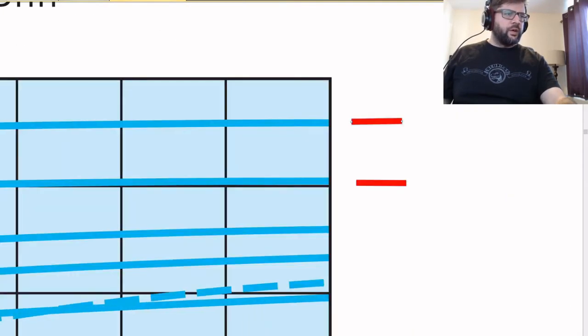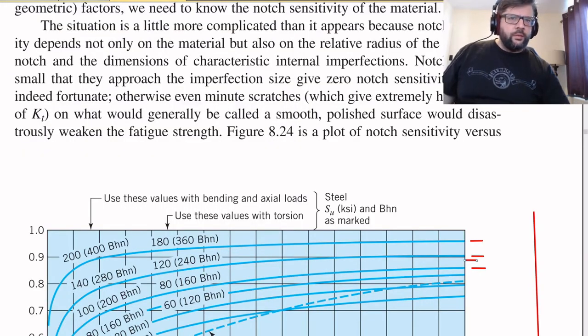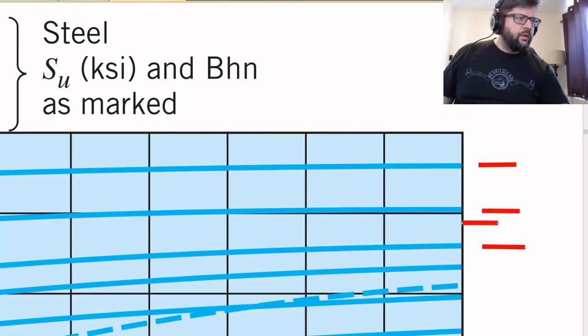So yeah. All right, this line here is the 100. So we're looking at probably a third of the way down. So right about there, which, let's see here, this is 0.8 here, this is 0.9 here. Let's say 0.88.